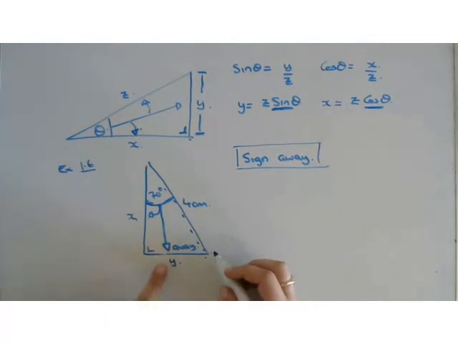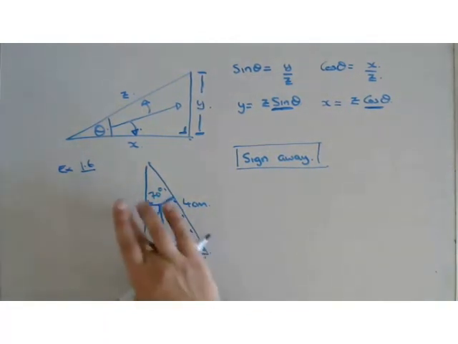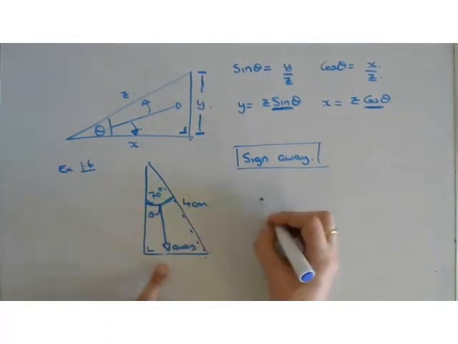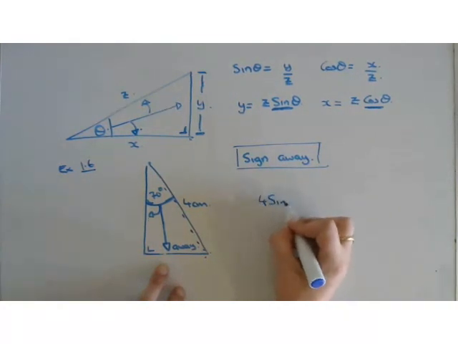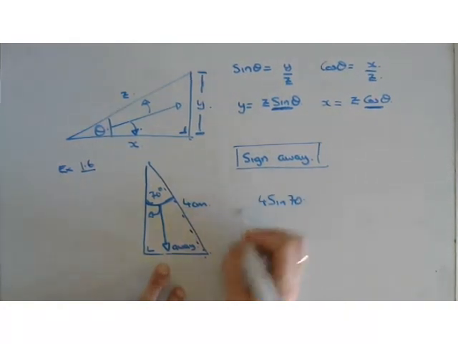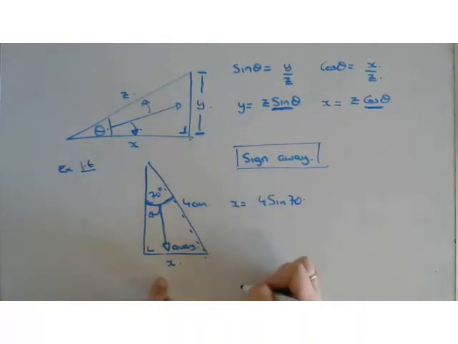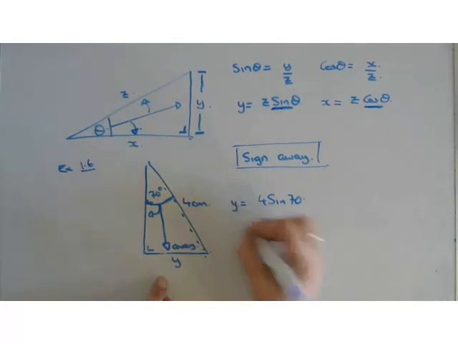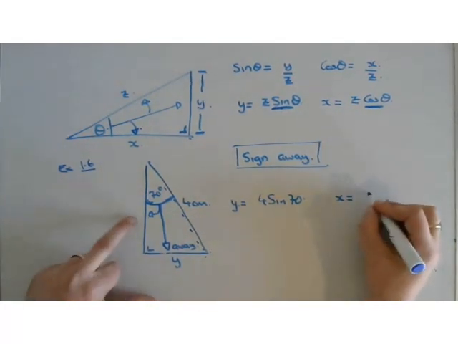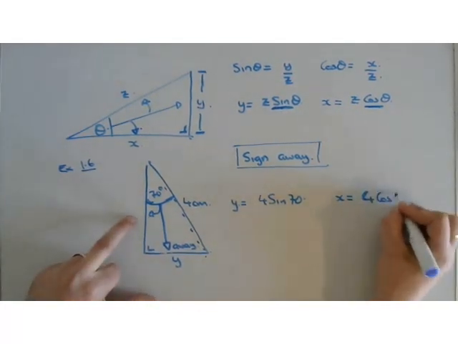Okay, so this side here is going to be 4 sine 70. So that's going to be this side here, or we call it y there. And x is 4 cos 70.